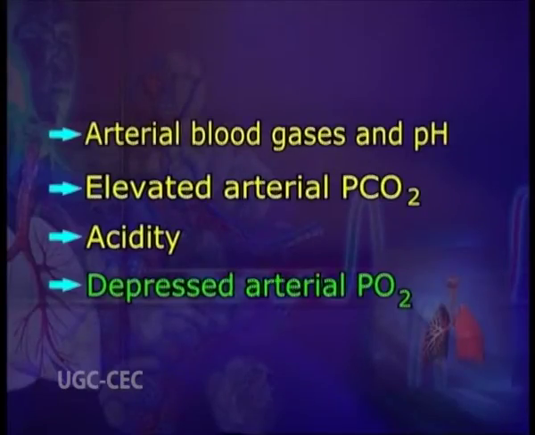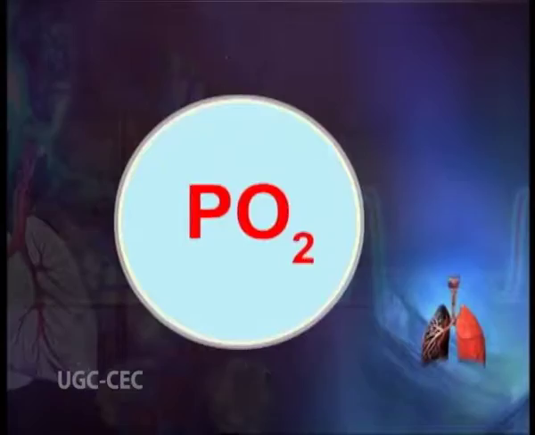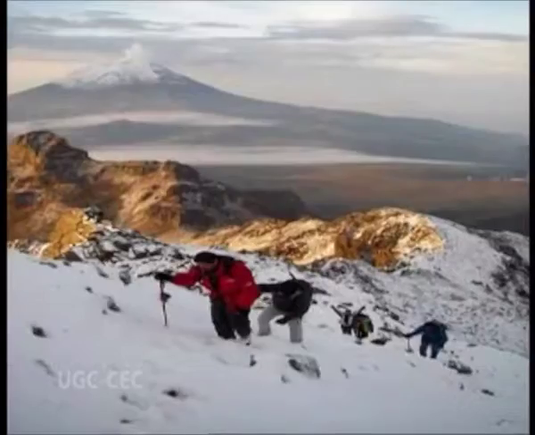Depressed arterial PO2. Levels of arterial PO2 are also important in regulation of ventilation. Low levels of arterial PO2 can also stimulate respiration. PO2 must drop very low, to about 40 mmHg, in order to stimulate respiration, as seen at high altitudes.